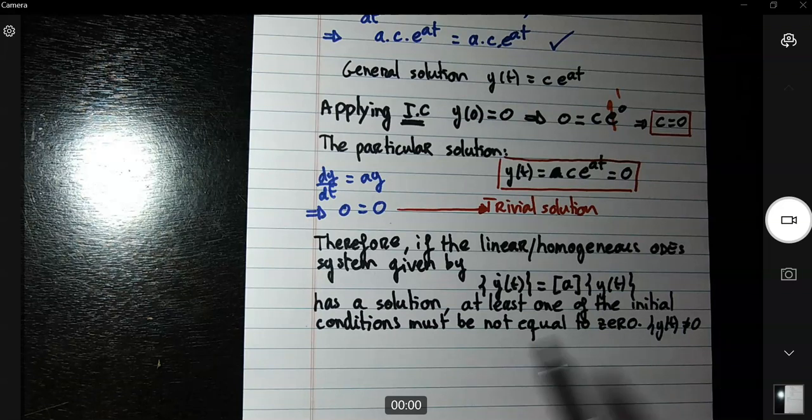All right, so let's try to find the general procedure in order to solve a linear system of ODEs.